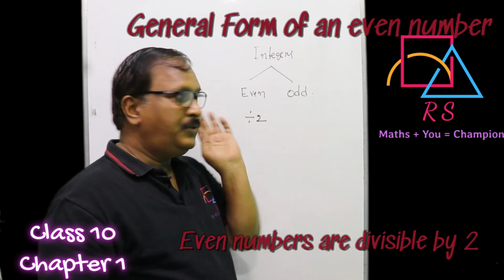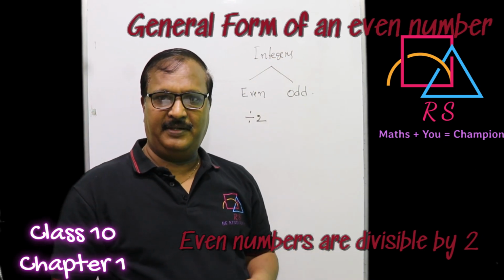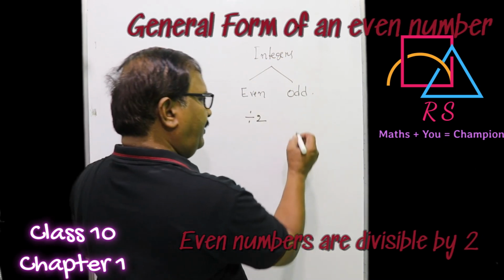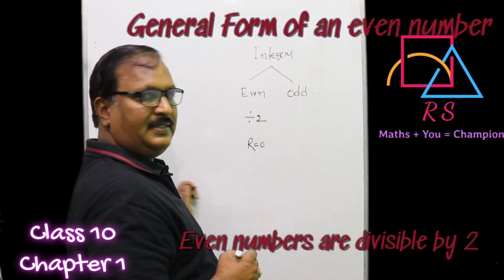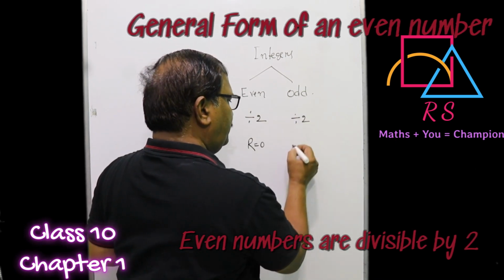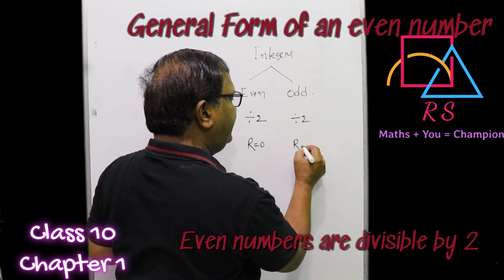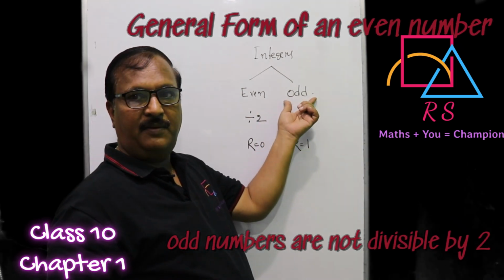Okay, so every integer divisible by 2 is an even number. Which is not divisible by 2, here divisible means remainder always 0. So if a number is divided by 2 and the remainder is not 0, then it is an odd number.